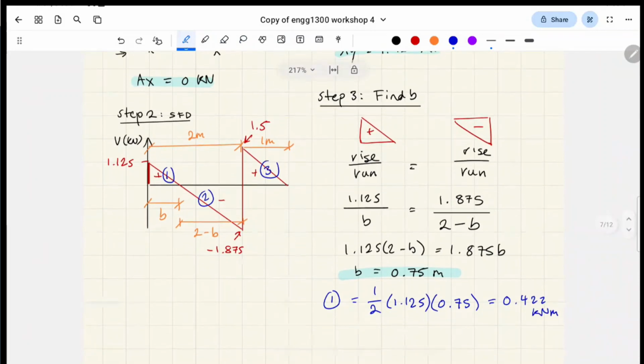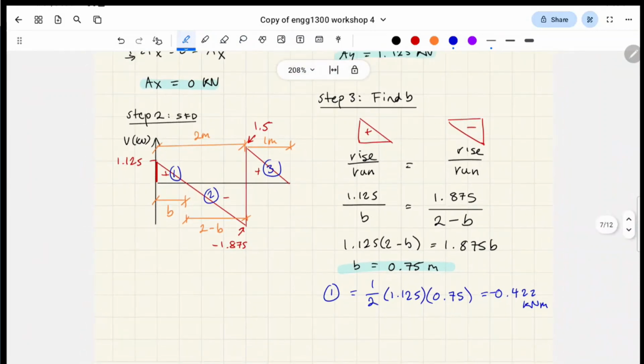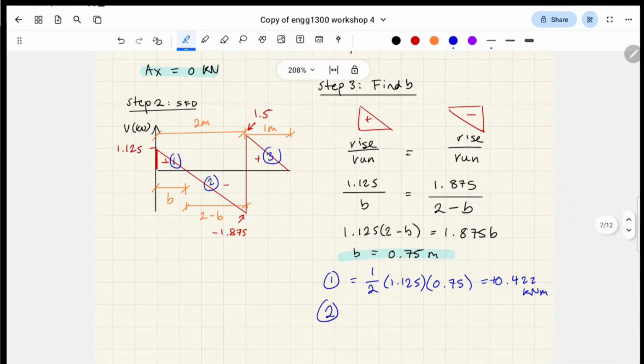Keep in mind, this is a positive number because the triangle is above. But our next one's going to be a negative number because the triangle falls below the graph. So our magnitude is negative 1.875, negative because the magnitude is negative here.